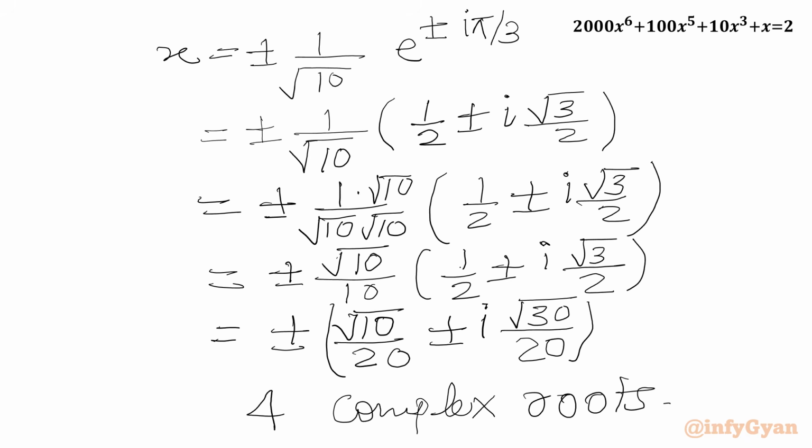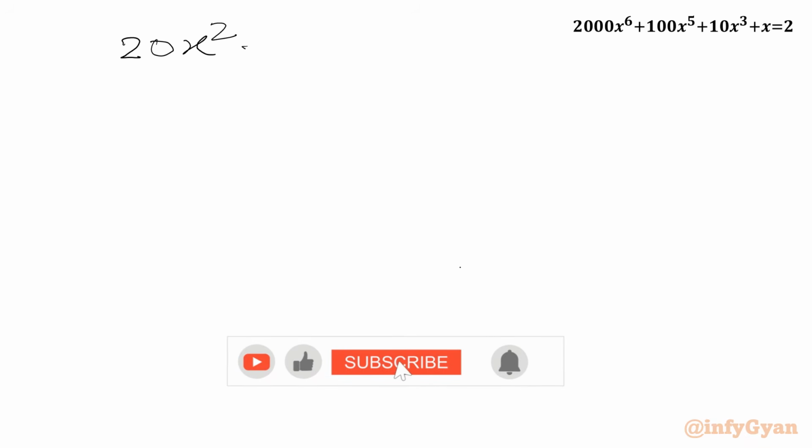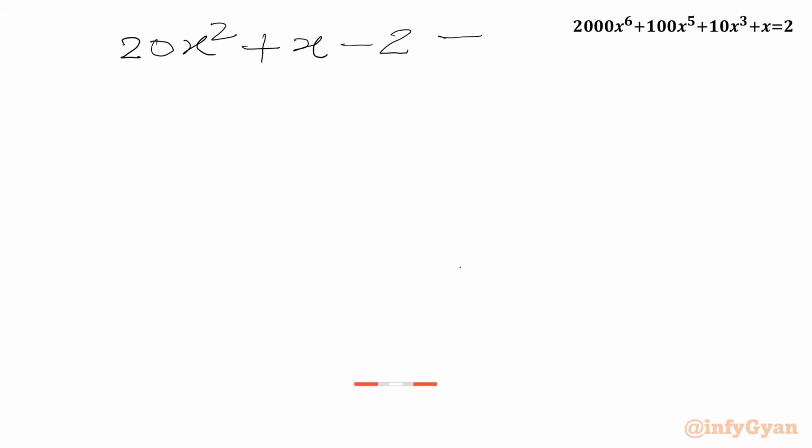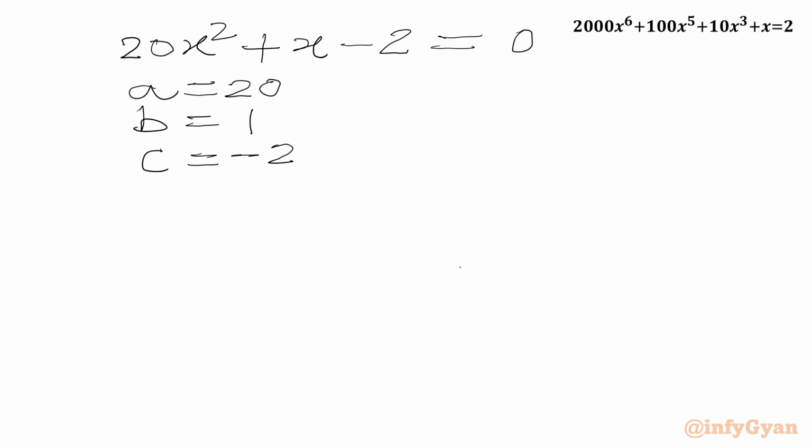Now we have to solve the quadratic equation. So I will write the equation 20x² + x - 2 = 0. Here a is the coefficient of x², we can write 20. b is the coefficient of x, we will be writing 1. c is the constant, we will write -2. Let's use the formula.